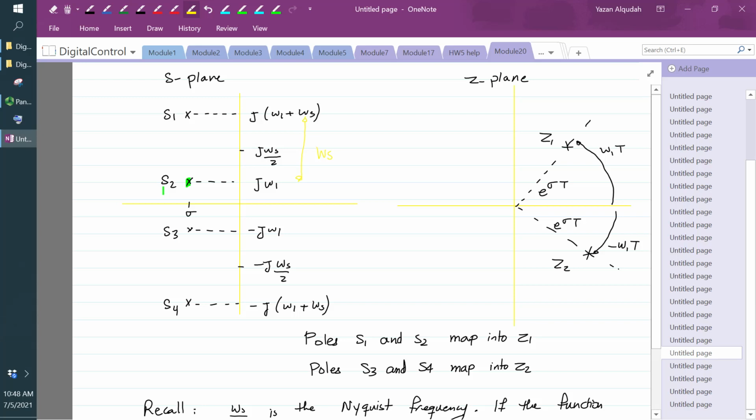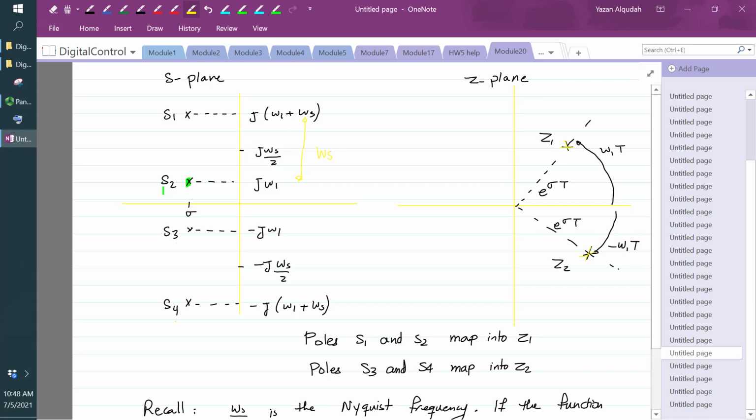Both of these are going to map into the same location, z1. Similarly, if I take S3 and S4, the difference between the imaginary parts is omega s. Both of them are going to map into z2.